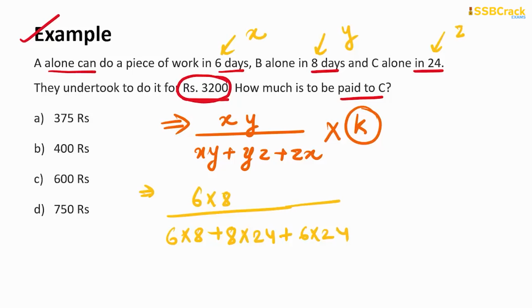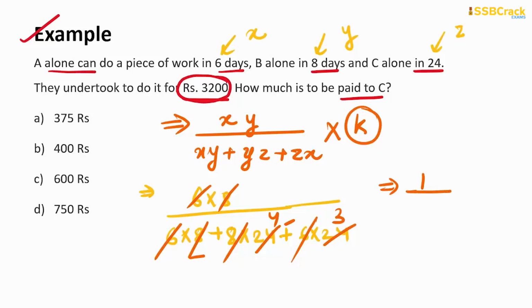So firstly we can do some simplifications. Here we can see that this 8 will cancel out with this 8, and 8 3s are 24, right? Similarly, 6 will cancel out with this 6, 6 4s are 24, and this 6 will also cancel out. So it will be equal to 1 divided by 1 plus 4 plus 3. So it will be 8, and into k, right?